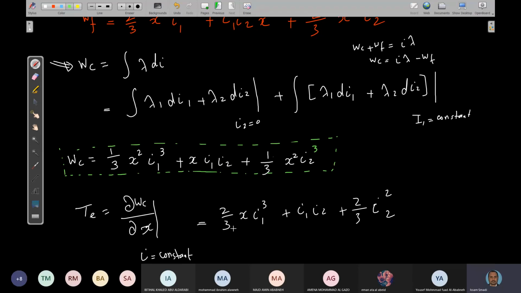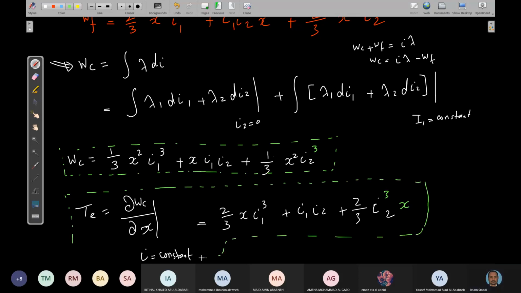Now I can calculate the torque, and it will be 2 over 3 x I1 cubed plus I1 I2, because I'm differentiating with respect to x, plus 2 over 3, and here I'm having the x. Here I'm missing the x. So it's left for you to double check those two formulas, the coenergy and the field energy.